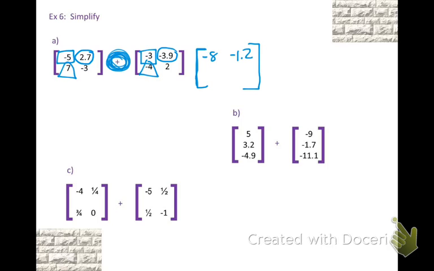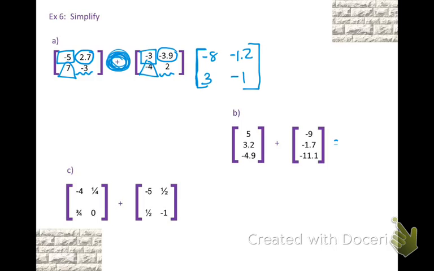So 7 plus negative 4 is positive 3. They're opposite signs, so you subtract them. And then you're going to do the last one. Negative 3 plus positive 2, and they're opposite signs, so you subtract, and it's negative 1.